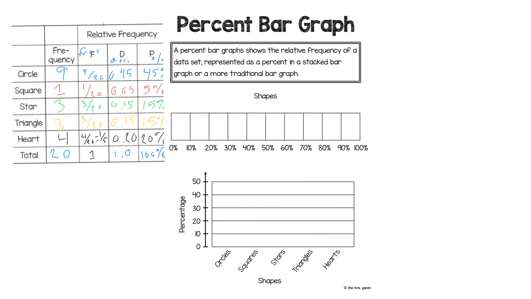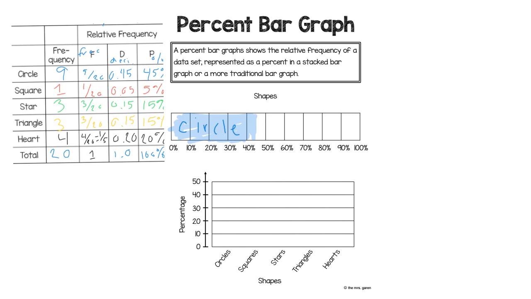So we're going to start at 0 and go to 45%, and we're going to color it in. And when we color it in, what we're saying is that this whole area right here, this 45%, is representing our circles. So I'm going to go ahead and write circle inside, because that's how many percent we said was equal to circles.